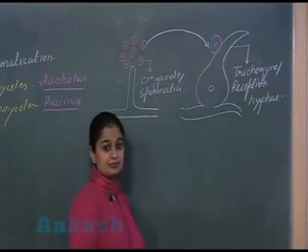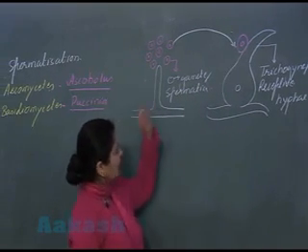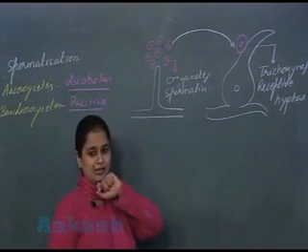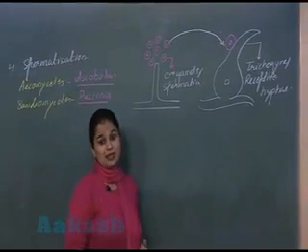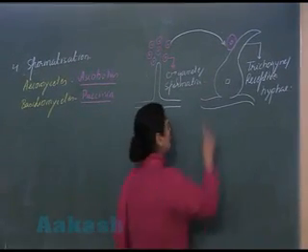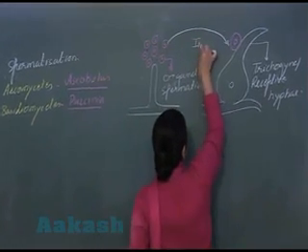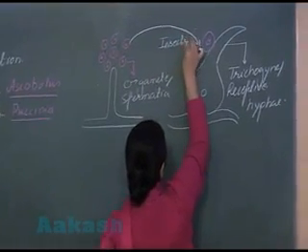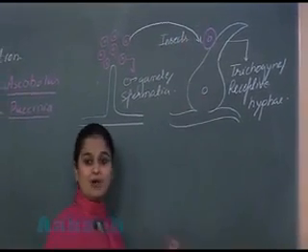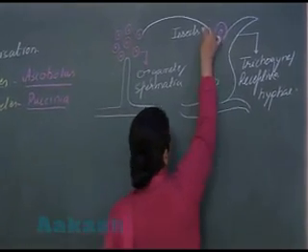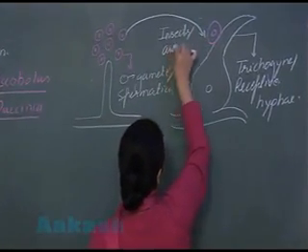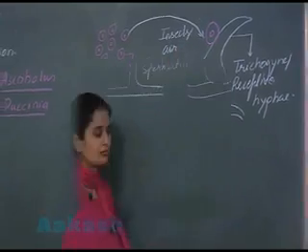This male gamete is non-motile. It is non-flagellated. So the transfer of this male gamete can occur with the help of insects, as well as with the help of air.